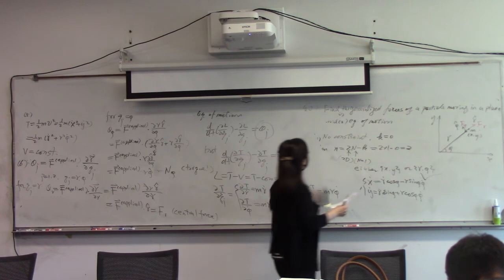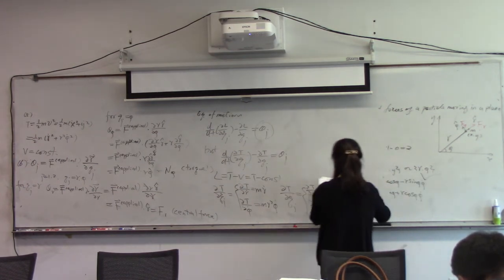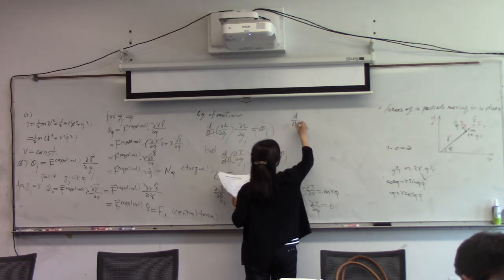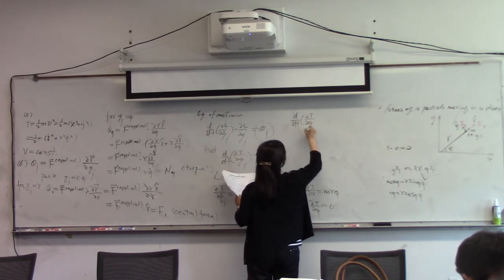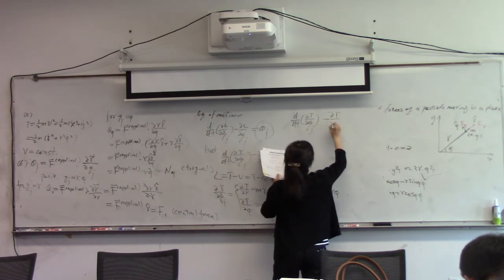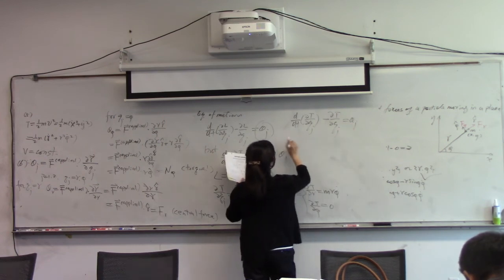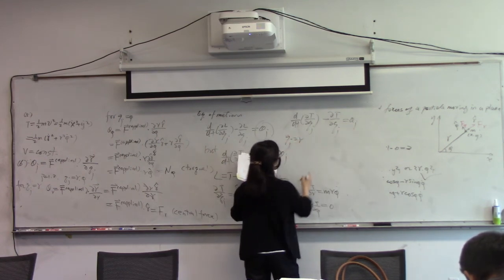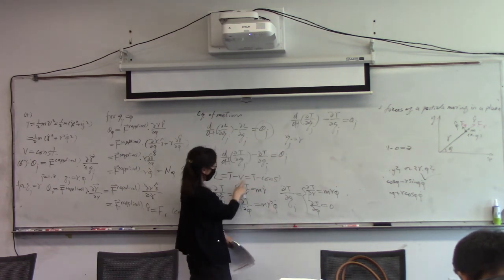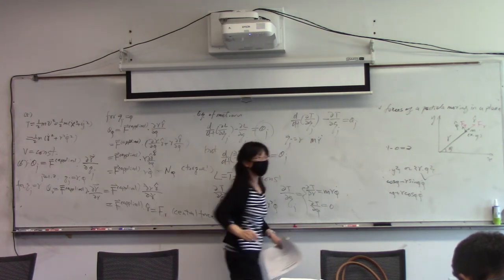So when we have this, we have the solution of equation of motion: d dt partial T partial q_j dot minus partial T partial q_j equals Q_j, right? So q_j equal to r, then here, this one total time derivative, so m r double dot, right?